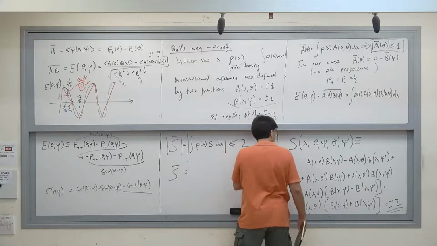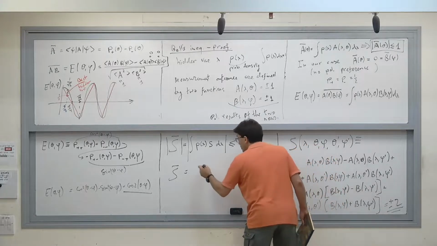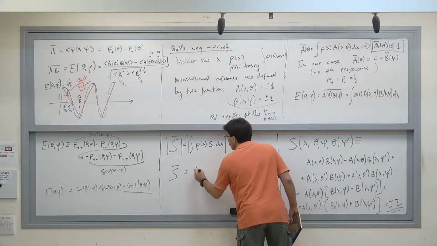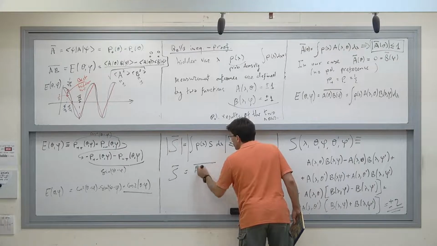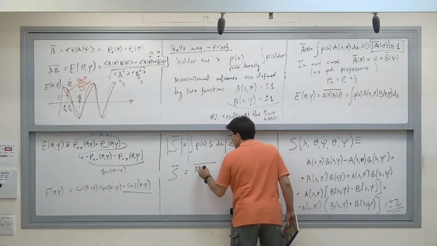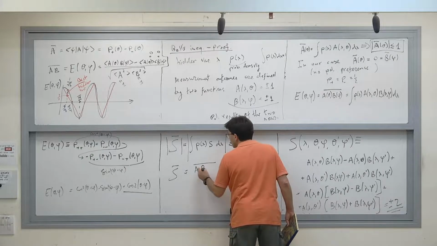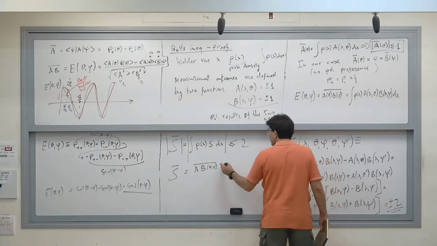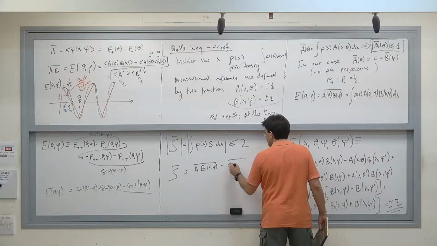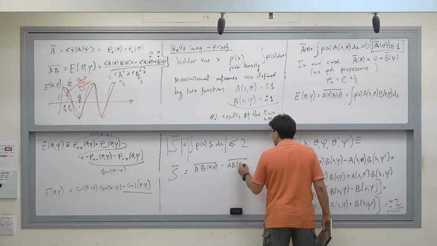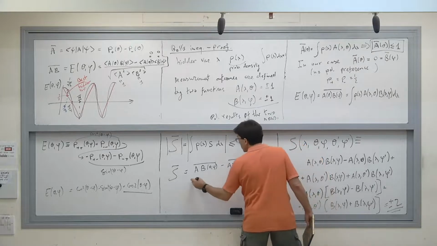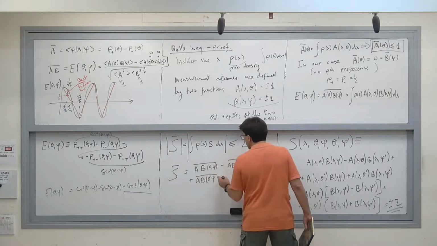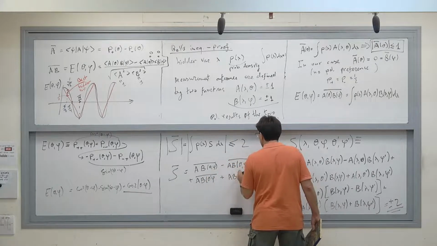S average is the average of A of lambda, let's call it the average of AB with theta and phi, minus the average of AB with theta and phi prime, plus the average of AB with theta prime and phi, plus the average of AB with theta prime and phi prime.